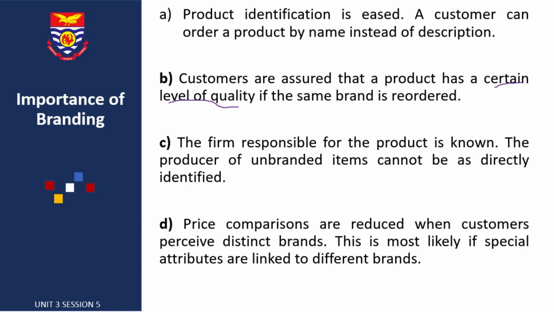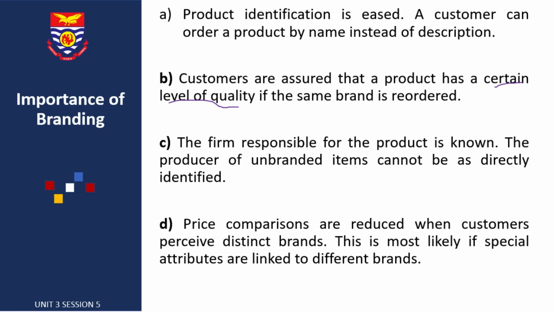Once a customer orders the same brand, it means that there is a certain level of quality in the mind of the customer. 3. The firm responsible for the product is known. The producer of unbranded items cannot be as directly identified.